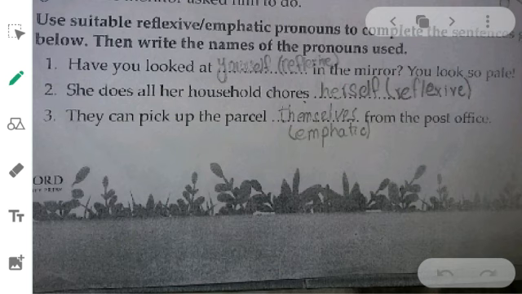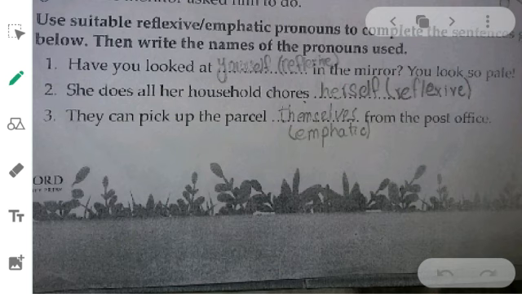And if it's not necessary to use a reflexive pronoun in the sentence, but we are using it to emphasize or to reflect the subject, that will be a reflexive pronoun for emphasis.